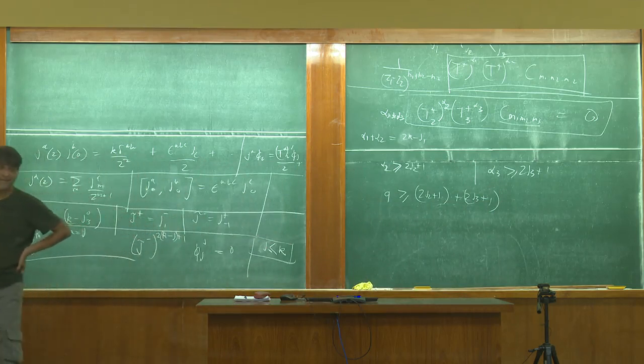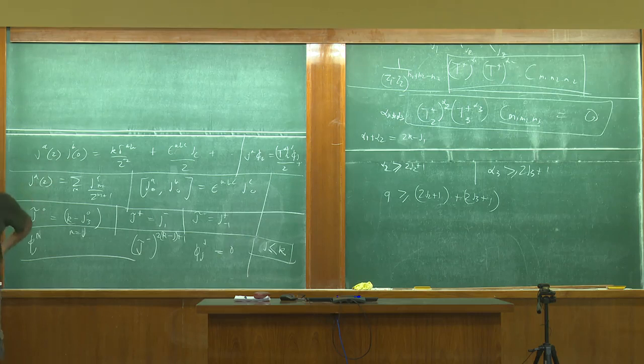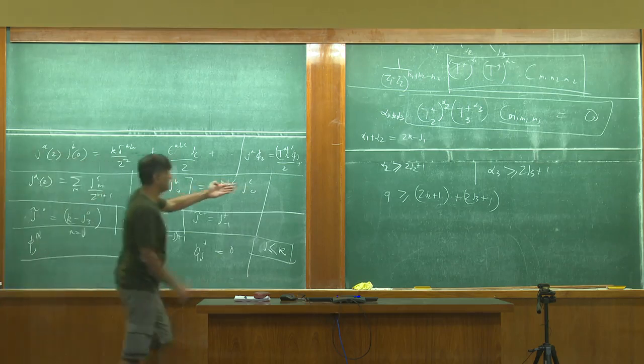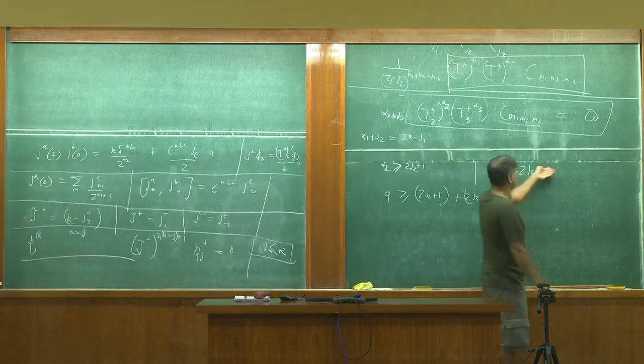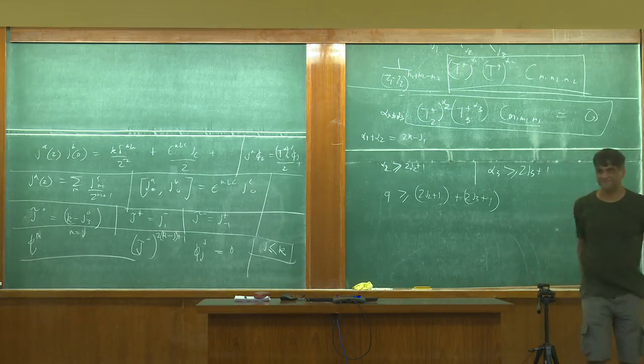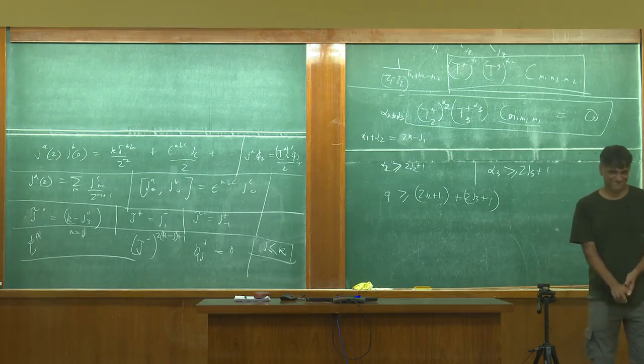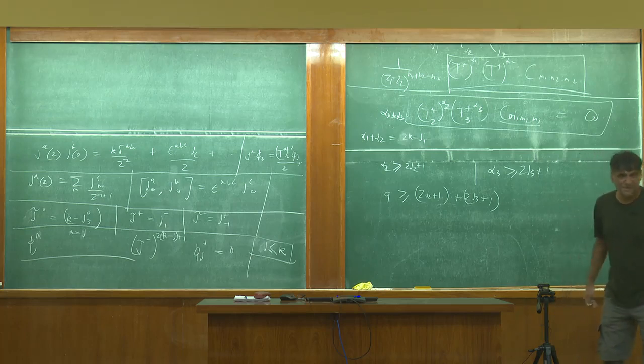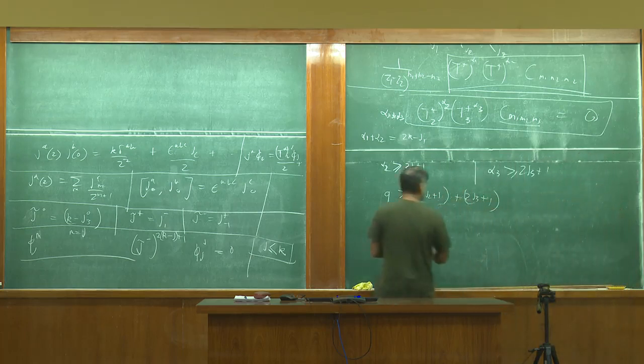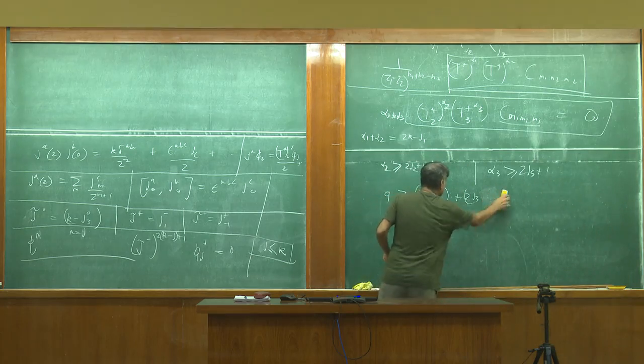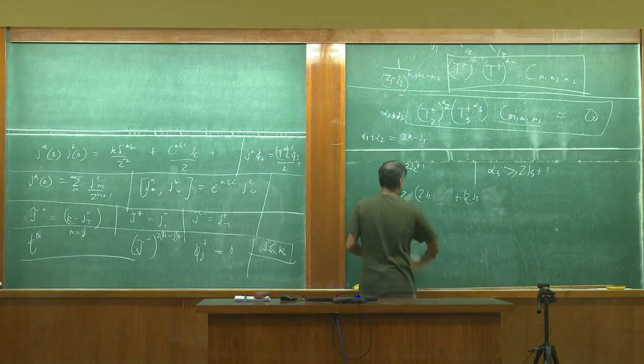Then it would have to be that either alpha 1 was greater than or equal to this, alpha 2 was greater than this, or alpha 3 was greater than this, or both. In fact, we don't even need both of these plus 1s. If it was just greater than this, that would be true.